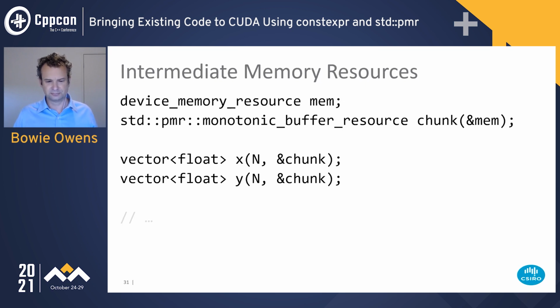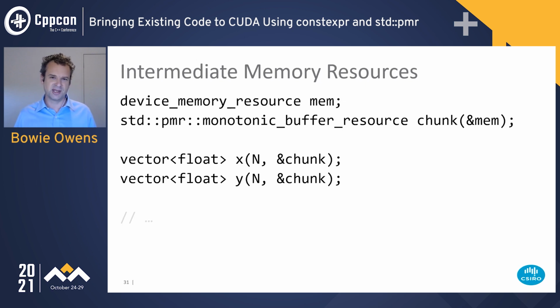Okay, now why doesn't this work? Typically the memory resource objects provided by the standard make a promise that they will actually clean up all the memory that you ever allocate with them. It's a really helpful feature, but it does mean that they store bookkeeping information so that they can clean up properly.